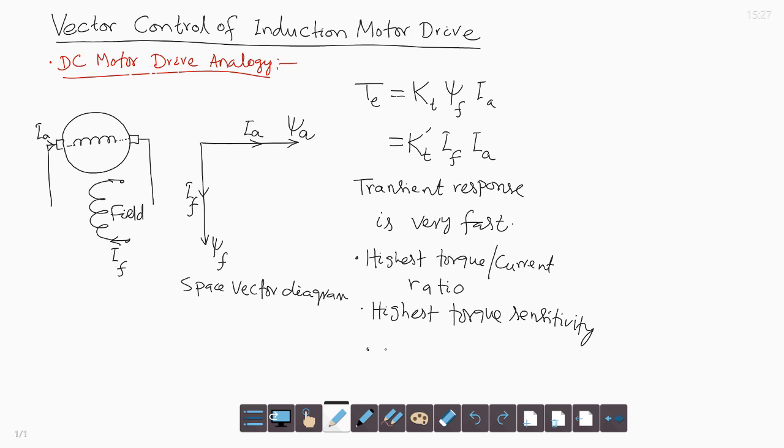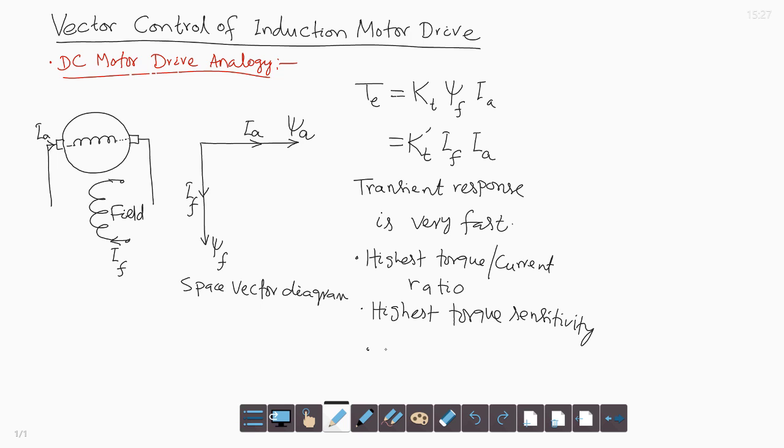So, due to these advantages, DC motor was preferred for all the industrial drives requiring high performance, because of this fast transient response and all these advantages. But DC motor has the problem, as you know, of maintenance.